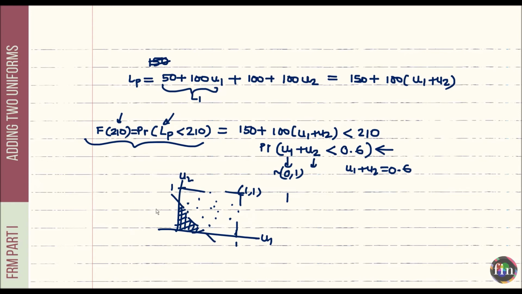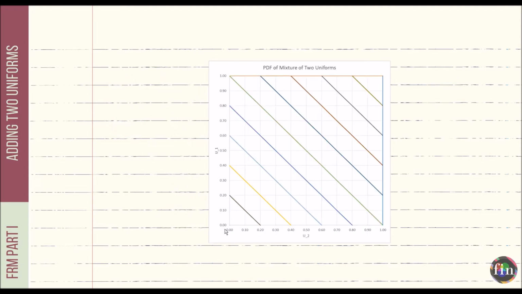Let's try and see if this graphical route can help us explain the triangular distribution which we found in this case. Take a look at this. So for the choice of U1 plus U2 equal to 0.6, this is the blue line which I got. The probability of this happening, by the way, this is a mistake. It should be U2 here and U1 here.